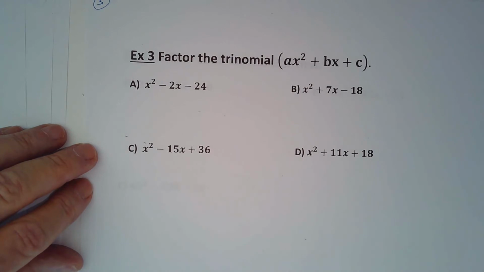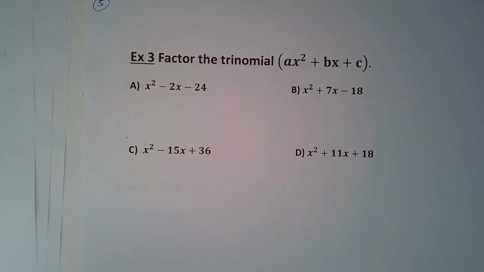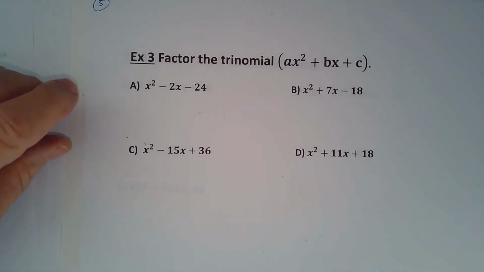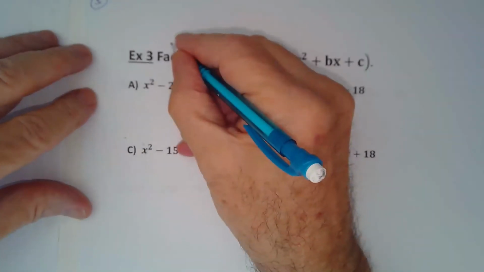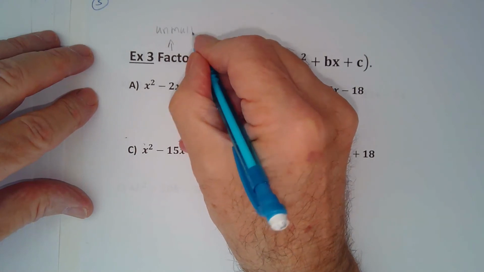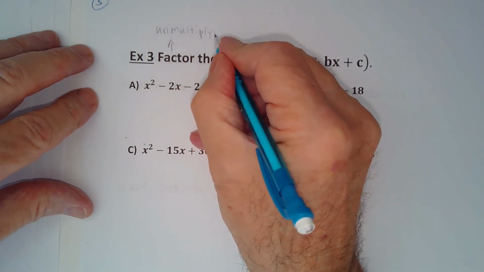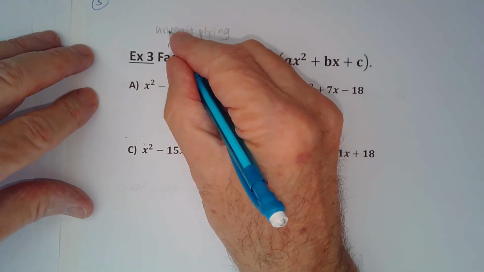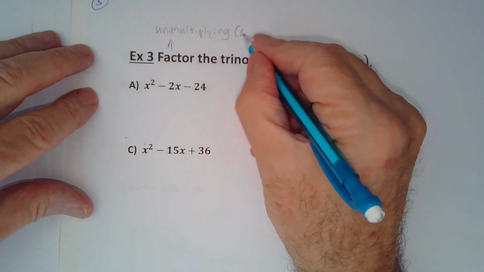So factoring, remember, again, is taking apart. So we're unmultiplying, which just means to divide.